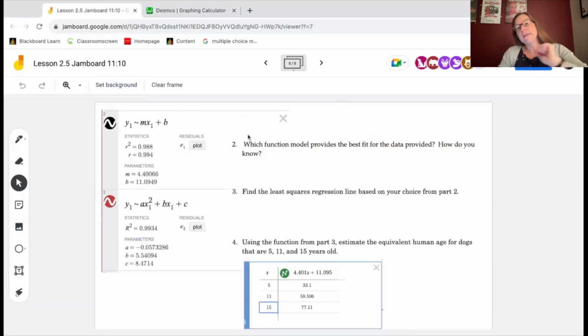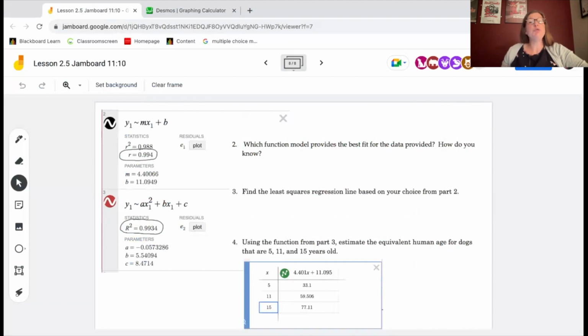So once you go ahead and do that, then let's look at the information that's given. Which function model provides the best fit for the data that's provided? How do you know? So this was our linear line, and as a reminder, for our linear line we're looking at little r, but for our quadratic line, we look at big R squared. Ooh, they are so close to each other. So they're both really great, both representational of this.